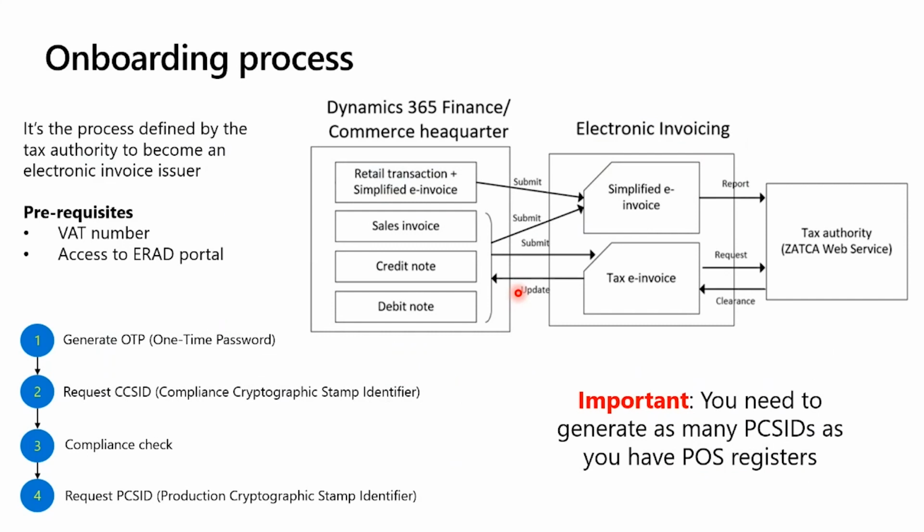And one more important part of the electronic invoicing process for Saudi Arabia specifically is the so-called onboarding process, right? This onboarding process ensures that the organization that needs to issue electronic invoices has the required access and can issue and submit electronic invoices to the government for clearance and then send them to their customers.